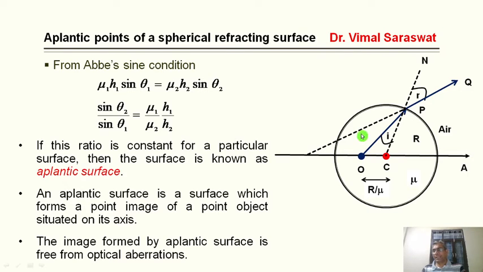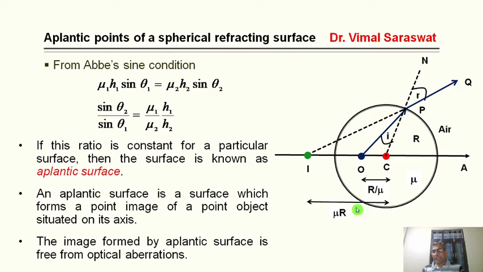Now we extend QP in the backward direction and this ray meets the x-axis at point I. So I is the image of object O. This is our object and this is our image. This image will be formed at mu r distance from the optical center.